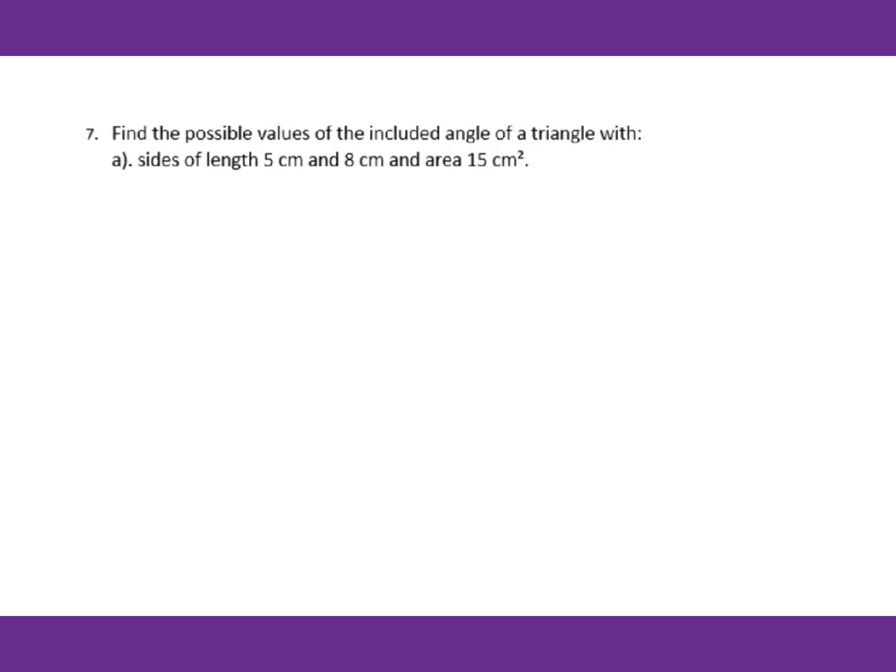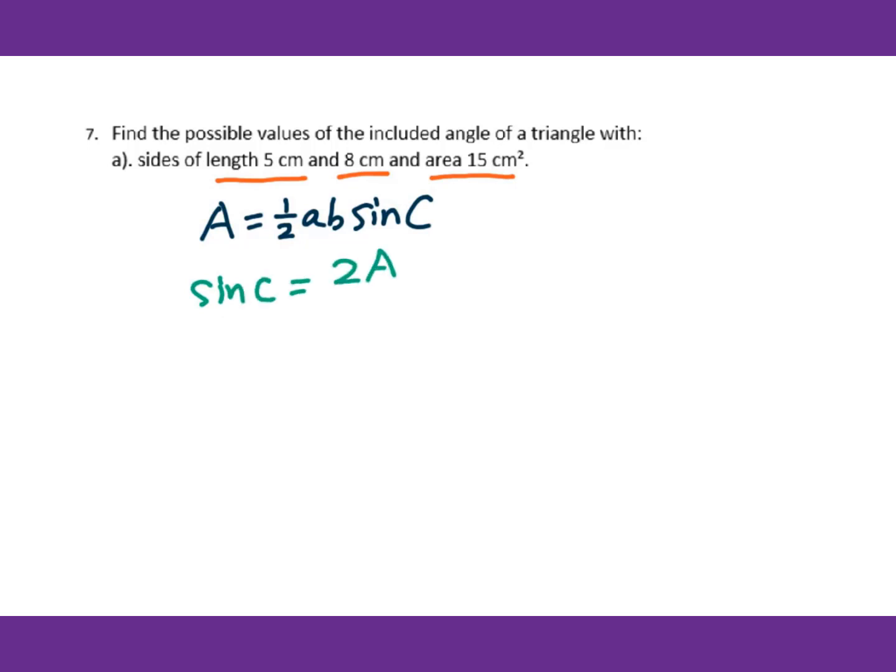Let's go to number 7. Find the possible values of the included angle of a triangle with sides of length 2 cm and 8 cm and area 15 cm squared. We know that area equals 1/2 AB sin C, and sin C equals 2A over AB. So we plug in.